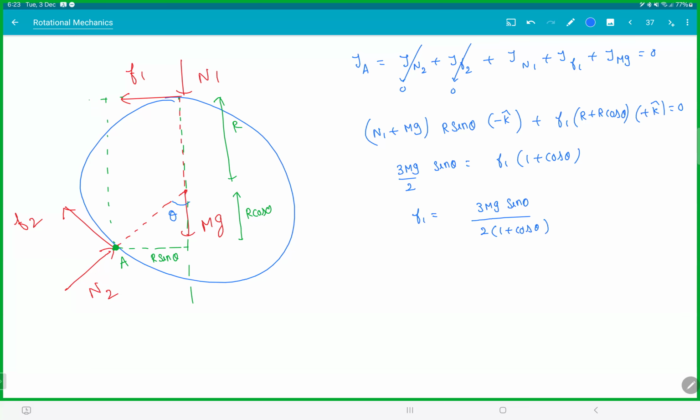Is that making sense, everyone? How to find F2 and N2? We still have two more variables. Just give it a try.